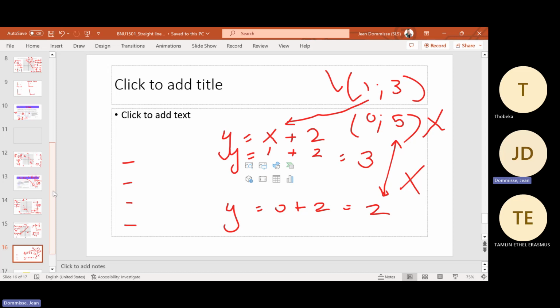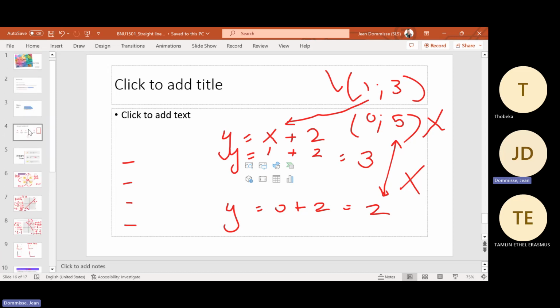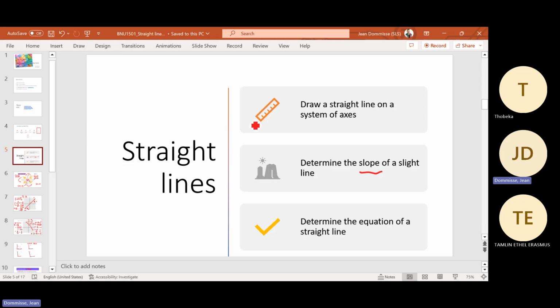Okay, so let's just quickly go back to the start and again look at what we've now covered. So again, we're not going to draw a straight line, but they can ask you which lines are the ones that are correct.